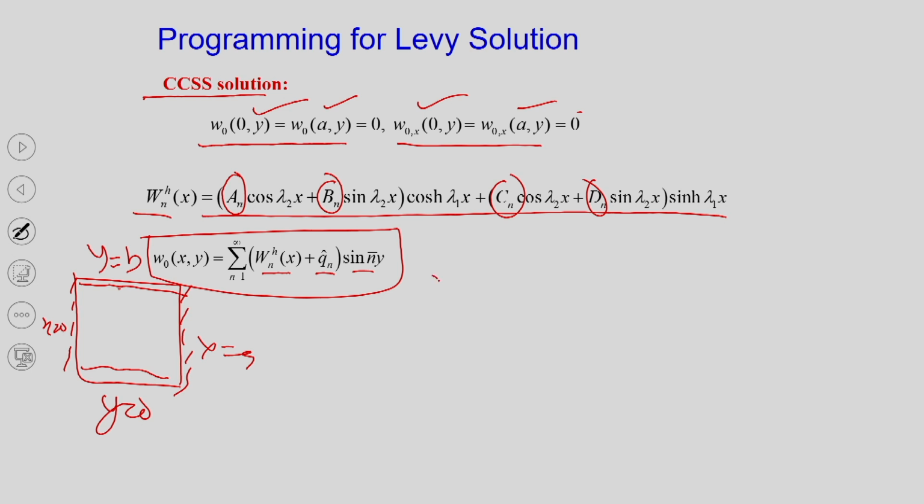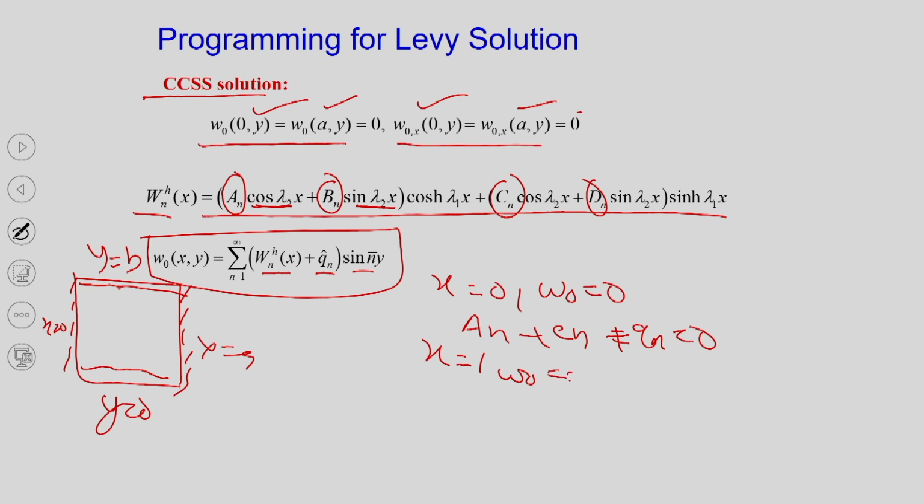So, when x is 0, W naught is 0. If you put cos 0 as 1, this will become 0. So basically An and Cn plus some Qn equal to 0. When x is equal to 1, again deflection is 0.